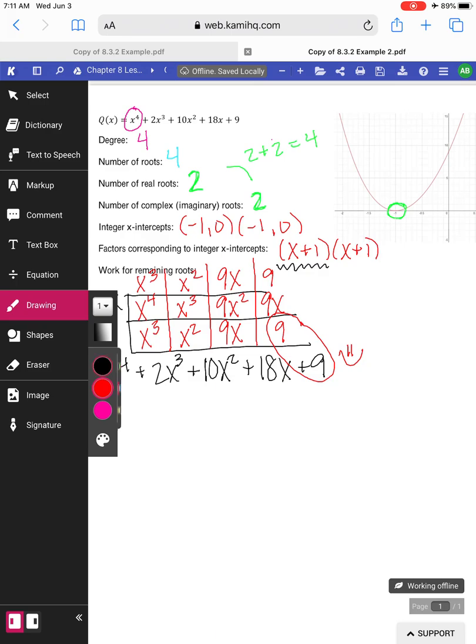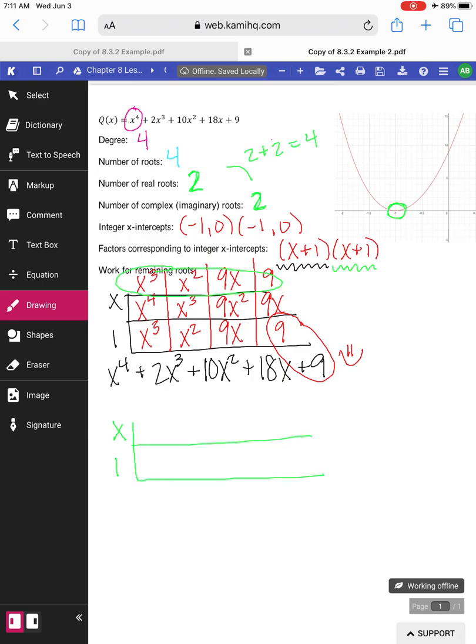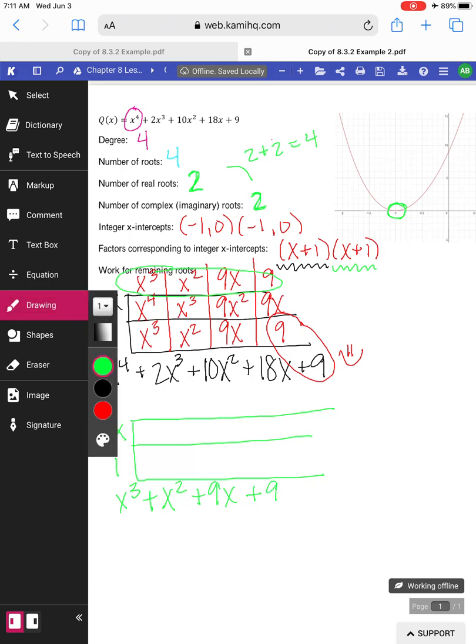Then our second step here is to take our answer from the first division problem and divide it by our second root. So we're going to take x plus 1 again, and divide it into x cubed plus x squared plus 9x plus 9. So we have x cubed in our top box.